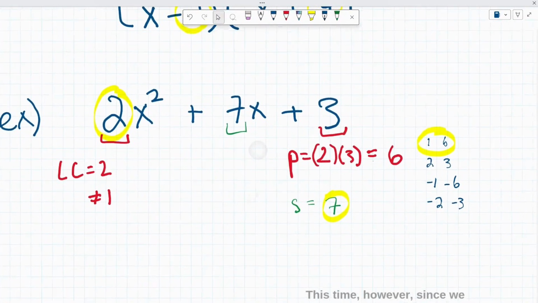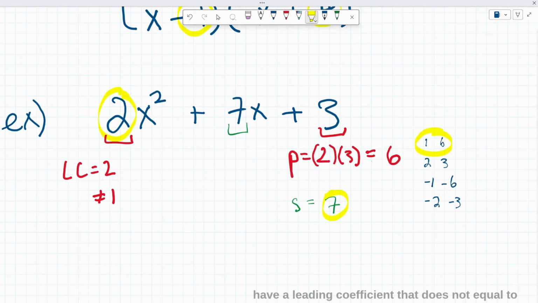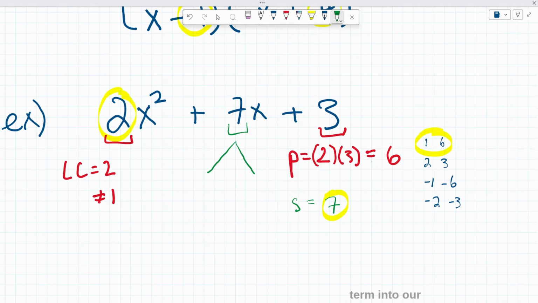This time, however, since we have a leading coefficient that does not equal 1, what we have to do is separate this middle term, 7x, into 1x, which is just x, and 6x.